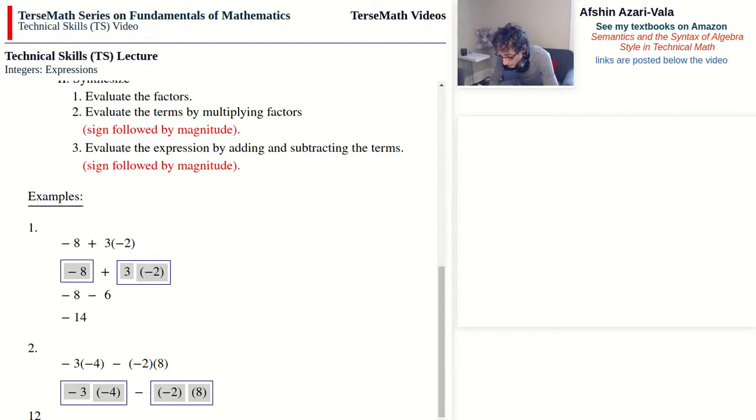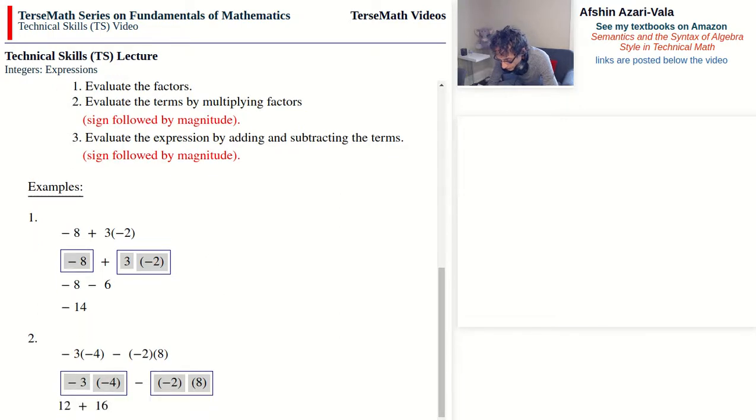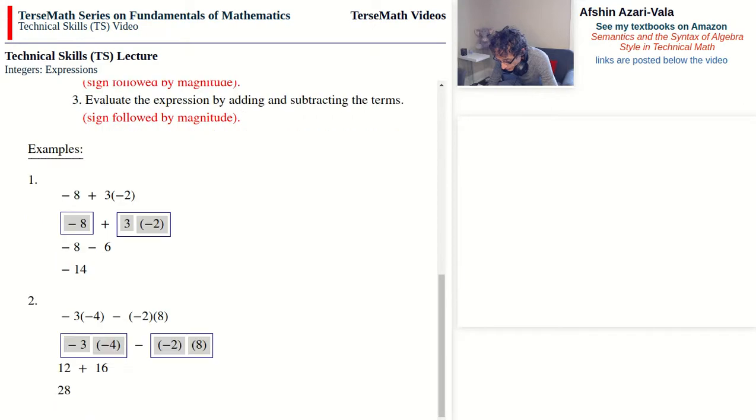With two negatives, we end up with a plus, and so we write down plus. And then we ignore the signs, and we multiply 2 by 8 to get 16. And so the next line will be 12 plus 16. And there we go. Now we can add them and finish the problem.